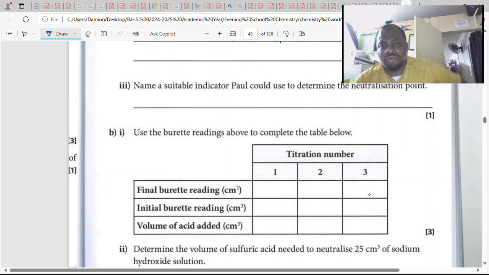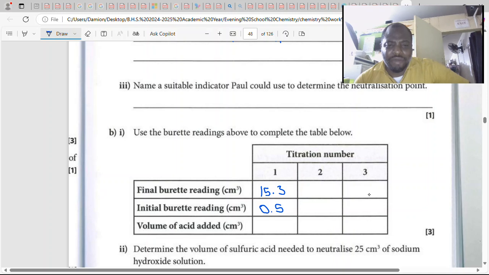Now, in terms of the reading, what did we say? The initial reading for this, if my memory serves me right, would have been 0.5. And I think the final was 15.3.